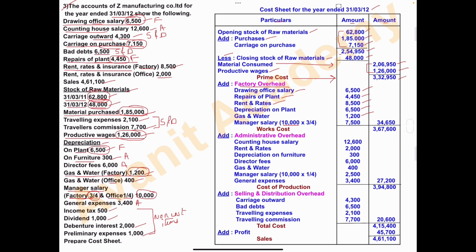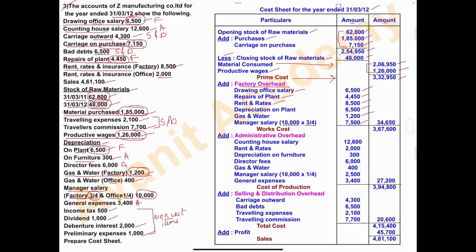So 10,000 into 3/4, you will get 7,500. Okay, 7,500 manager salary we have to take under factory overhead. Got it, all of you? What is 3/4 of 10,000? 7,500, and we have to take that under factory overhead as manager salary.